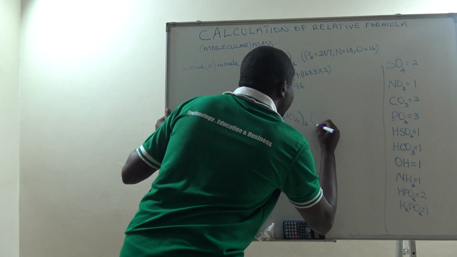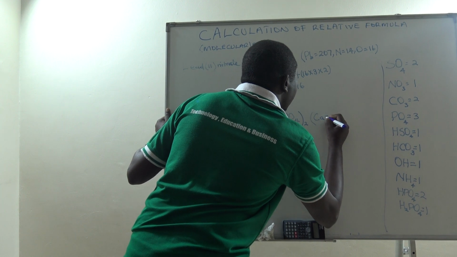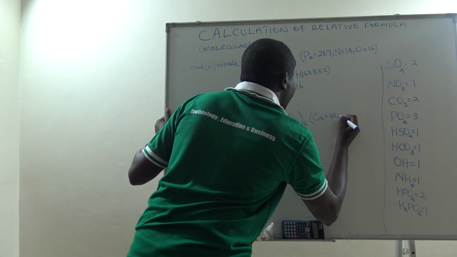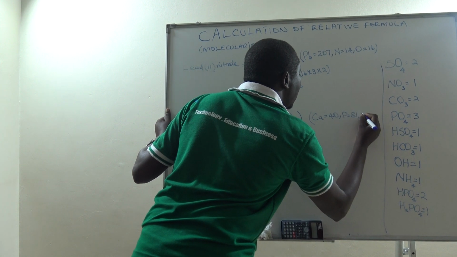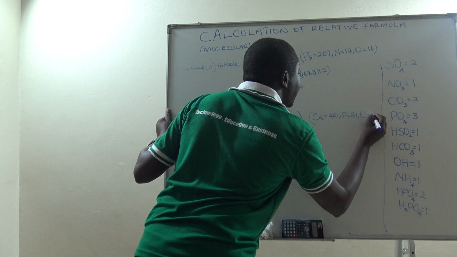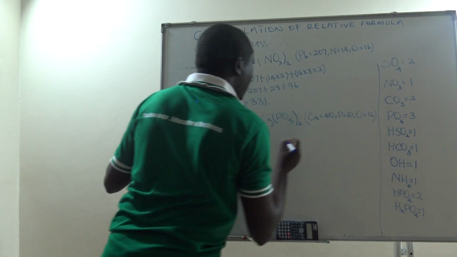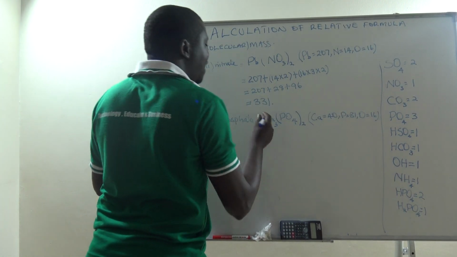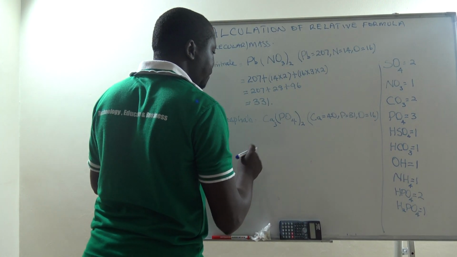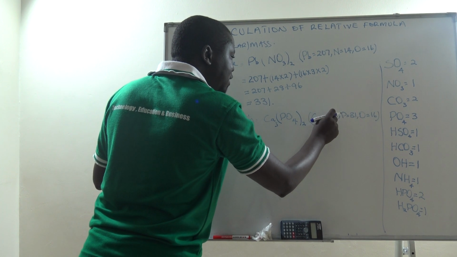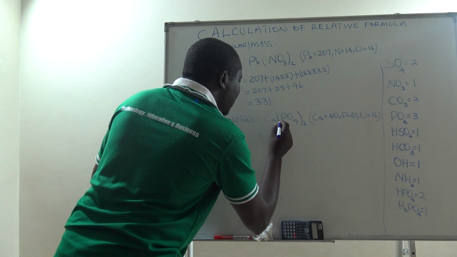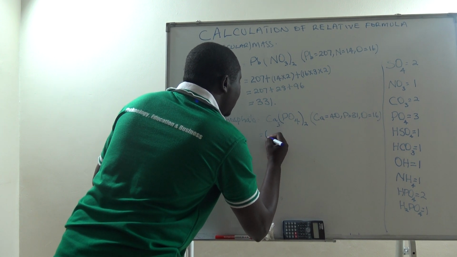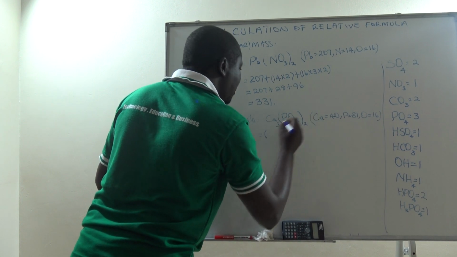Now, calcium as an element has a relative atomic mass of 40. Phosphorus has a relative atomic mass of 31. Oxygen has a relative atomic mass of 16. And then let us now get the relative formula mass of calcium phosphate using the relative atomic masses of the constituent elements. So here, calcium has 3 atoms, and each atom of calcium has a relative atomic mass of 40.